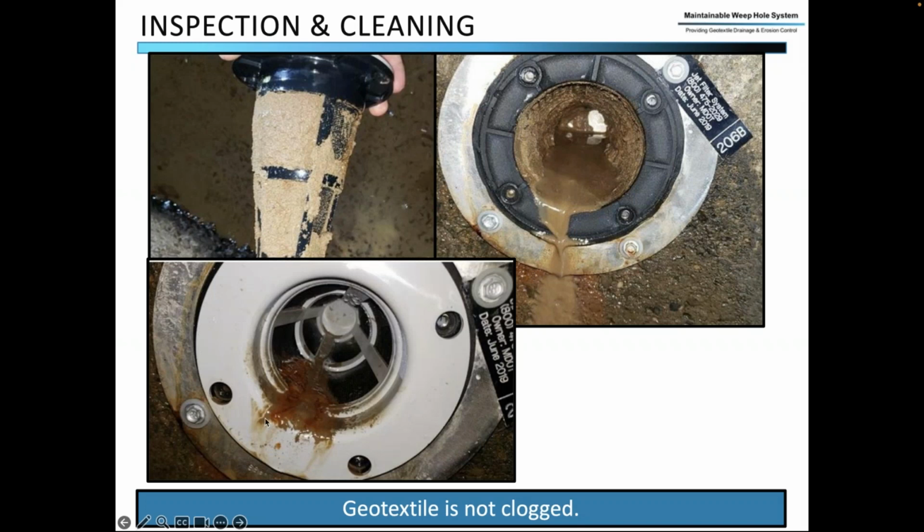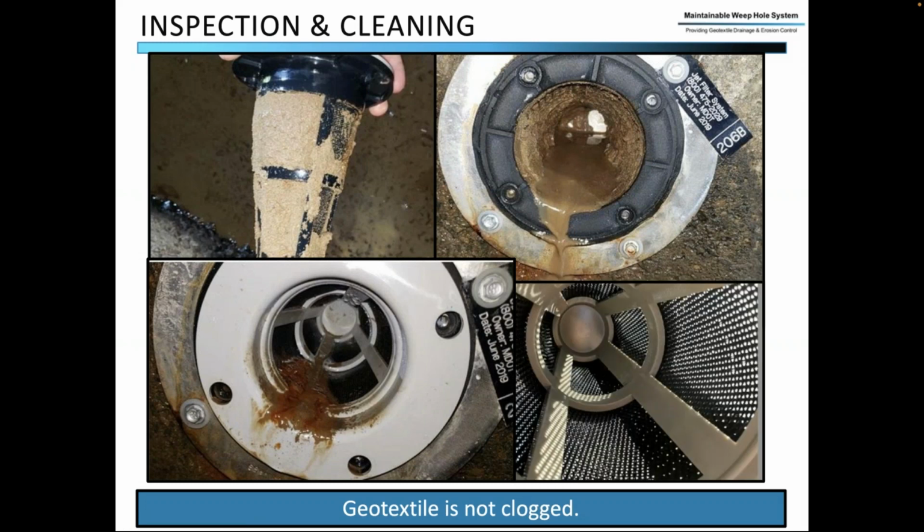They had a little bit of issues with this iron ochre, but it was not significant. So every time it rained, it all got flushed out and did not foul up the filter cartridges. If it had, the filter cartridge could be replaced. And then they were able to tell that the geotextile filter fabric was not clogged simply by holding it up to the light, to a flashlight, and seeing through the filter fabric.